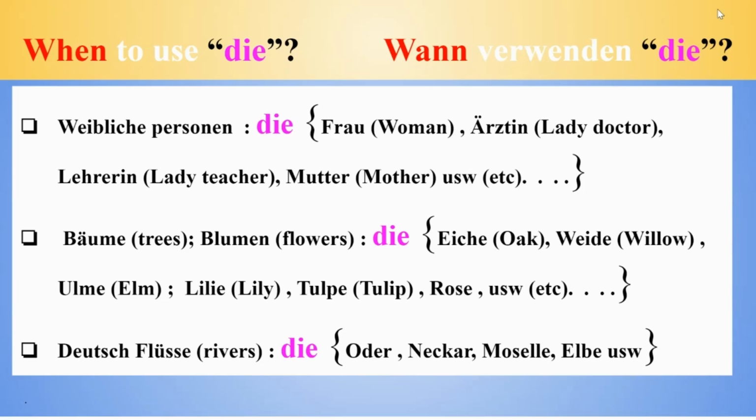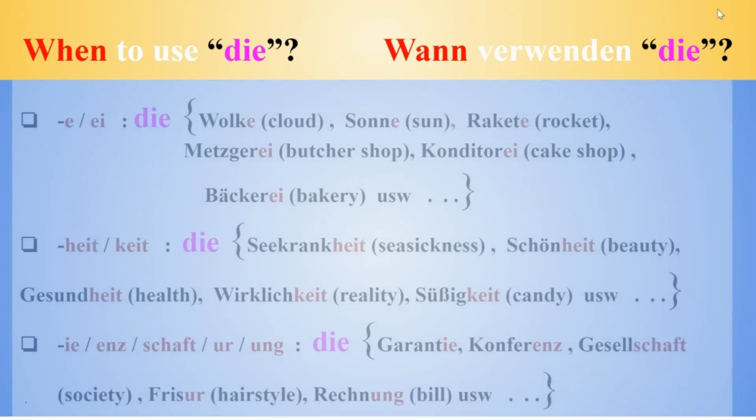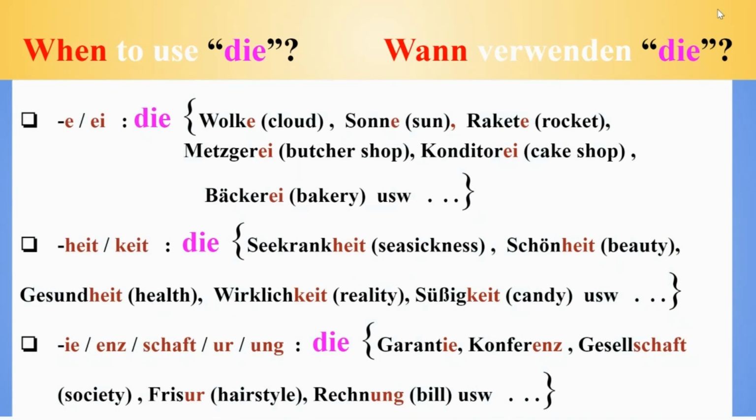Also, there are certain words with some specific endings that can help us in recognizing the article. For example, nouns ending with e or ei. Die Wolke, die Sonne, die Rakete, die Metzgerei, die Konditorei, die Bäckerei und so weiter.